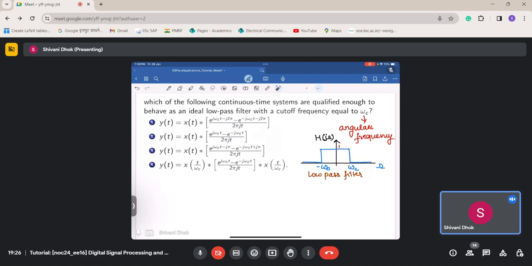But if we have this low pass filter, what we need to find is how to represent this in time domain, so we need to find h of t.